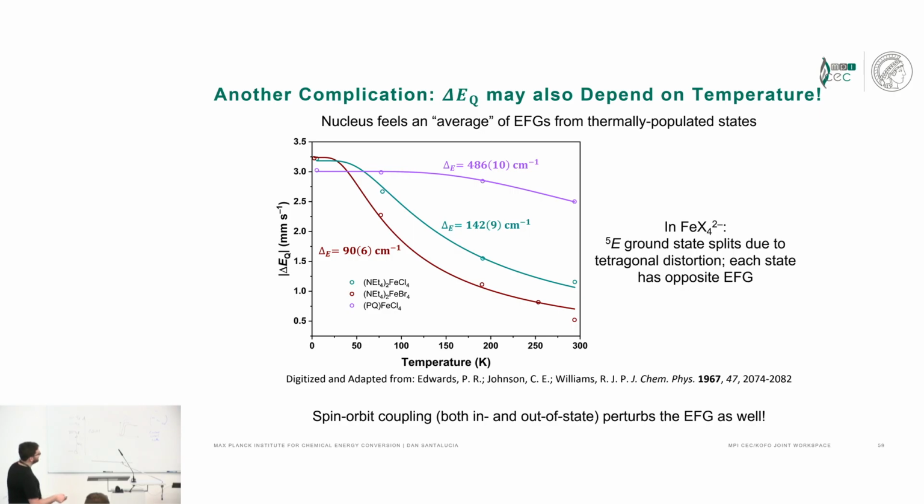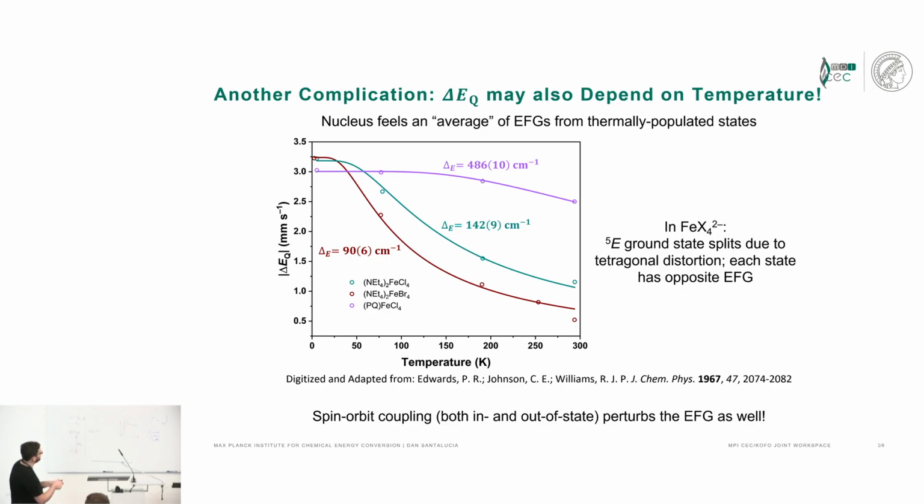For example, if I have a tetrahalo iron 2 molecule, which has a quintet E degenerate ground state that splits due to tetragonal distortion, those states are no longer the same energy, they're slightly different, but the Boltzmann distribution will populate them slightly differently. I get a temperature dependence on the quadrupole splitting because those states have opposite sign EFGs.